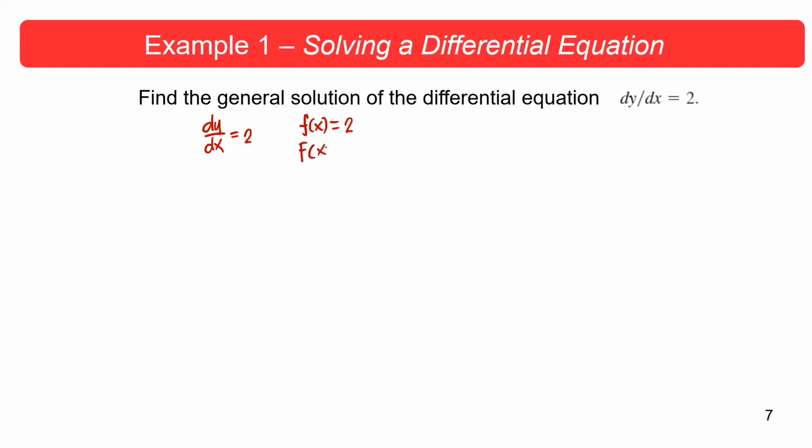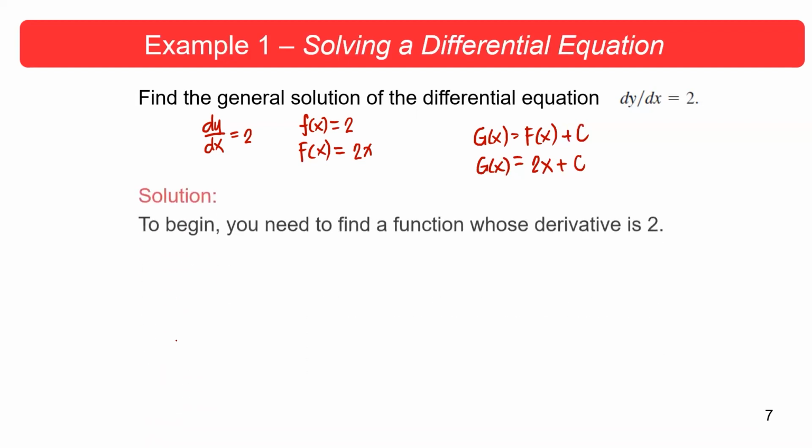You're basically solving for this. Isn't it that the derivative of 2x is actually 2? Am I correct in saying this, guys? So the general solution is basically F of x plus c, or I can say 2x plus c is your general solution. Am I correct here?